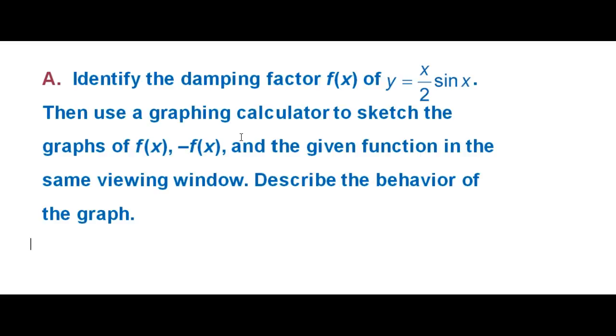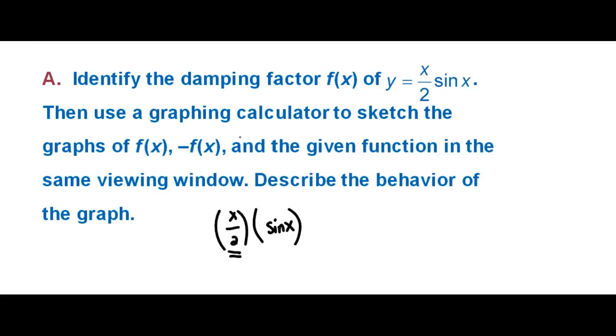And simply what you do is multiply a trig function by one of these damping factors. So you can kind of see this as the function x over 2 times the sine of x. So essentially, our damping factor is this right here, what we're multiplying the trig function by.